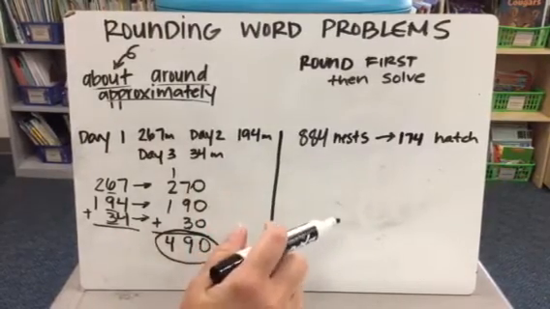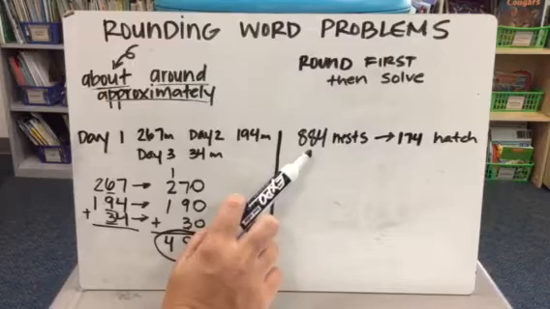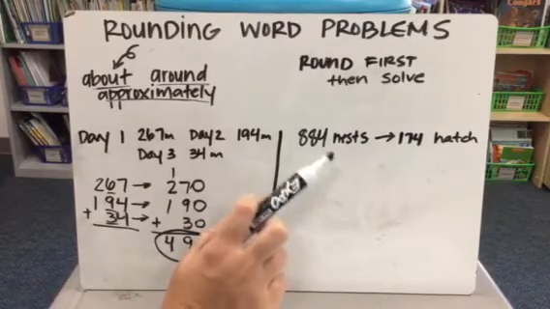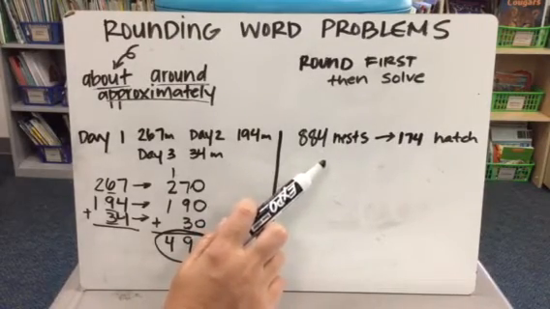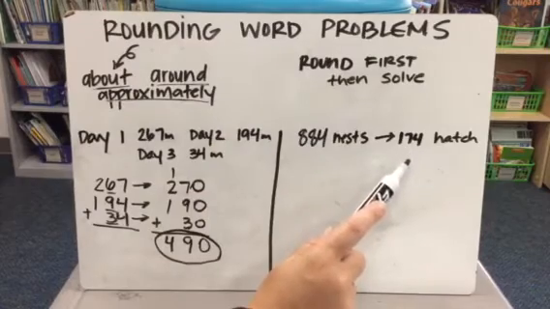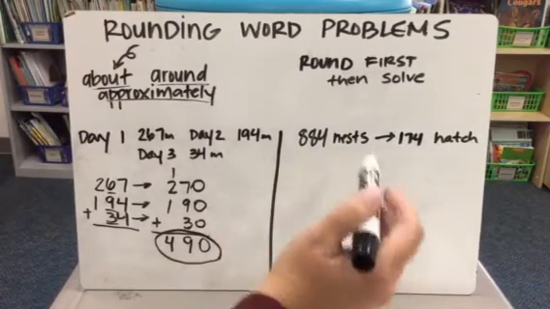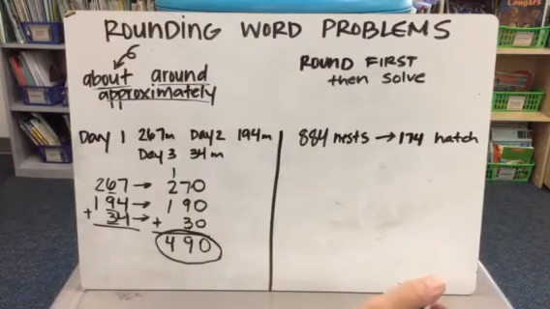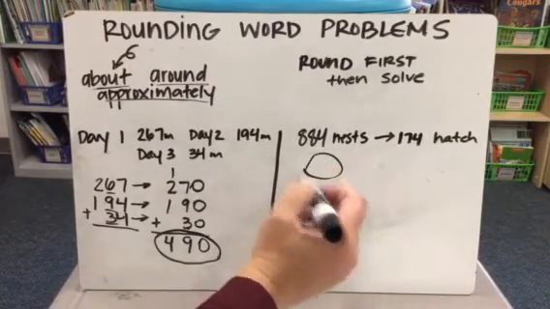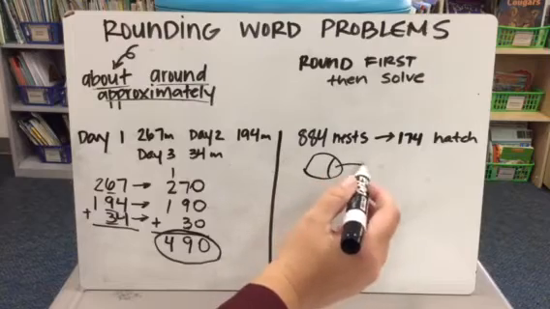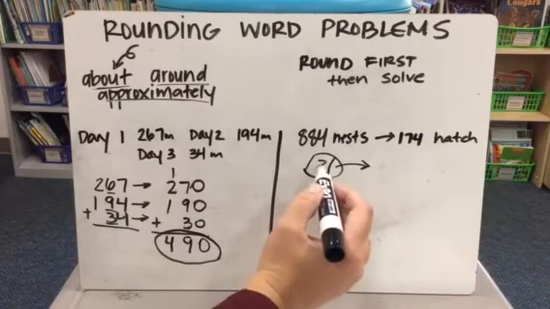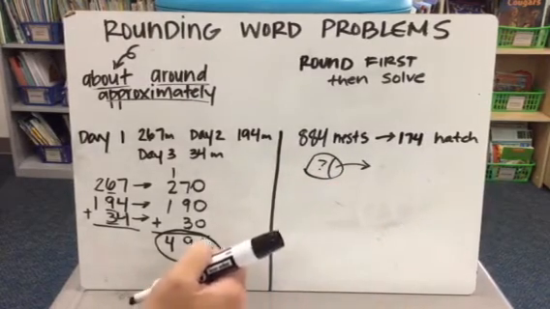Here's another quick example. There are 884 turtle eggs in a nest, and 174 of them hatch. My question is, about how many eggs still need to hatch? When I think about the math before I do the math, I realize that I have a group of turtle eggs, and some of them have hatched, and I'm wondering about how many eggs are left over.